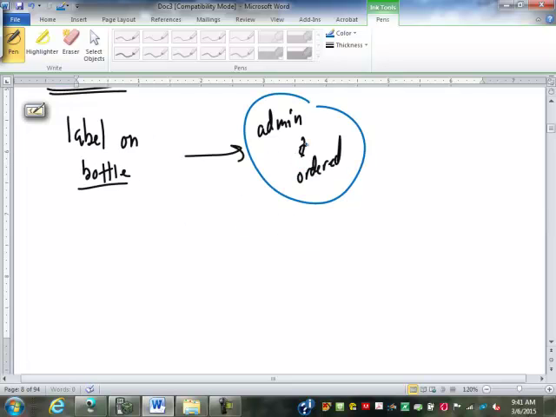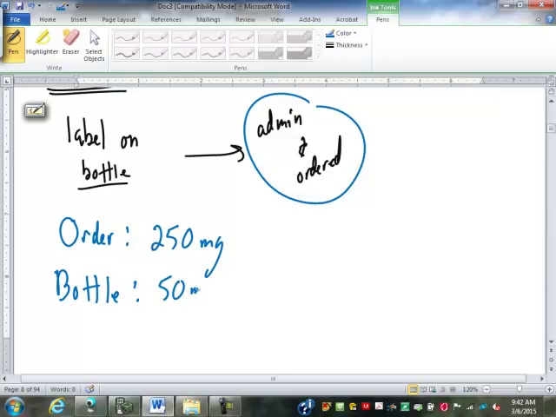And I put these over here not in any particular order because it depends on how things are set up on the label. So anyway, let's say that we have an order for 250 milligrams of medication. On the bottle or on the vial, the label says 50 milligrams in 20 milliliters.